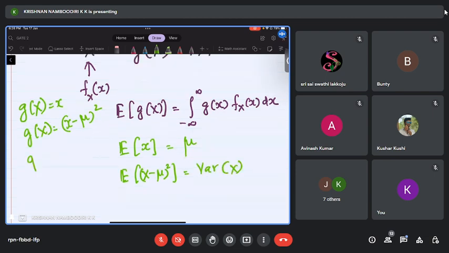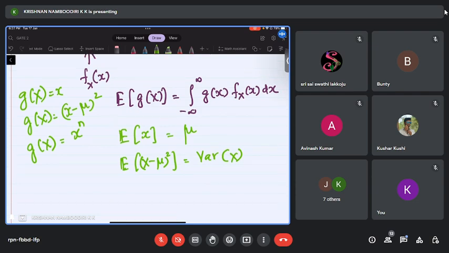If you have g of x equal to x power n, where n is a non-negative integer, then the expectation of x power n is nothing but the nth moment of the random variable.